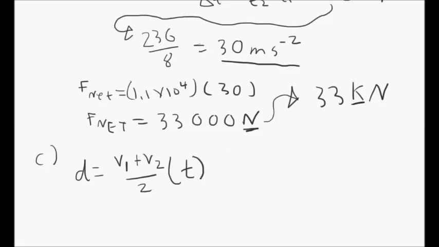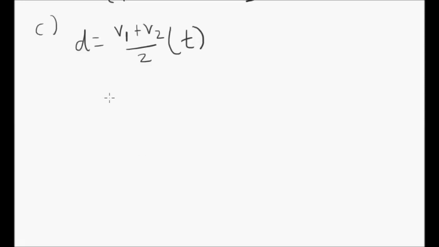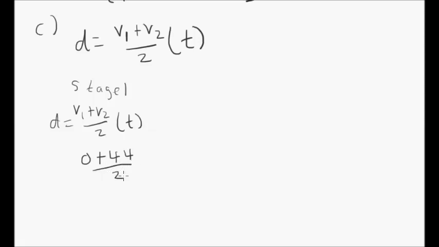So let's look here. Okay, so this is for stage 1. So we have v1 plus v2 over 2 times time. We have to find distance, and velocity 1 is obviously 0. Velocity 2 is 44, over 2, times the time, which is 4.